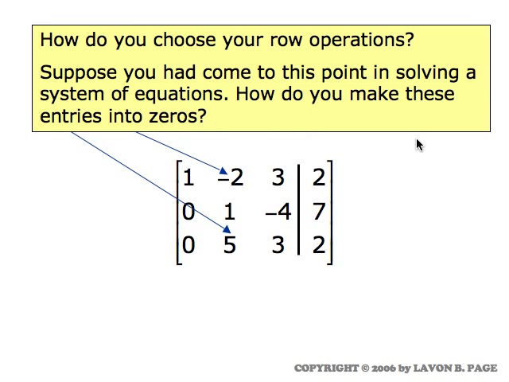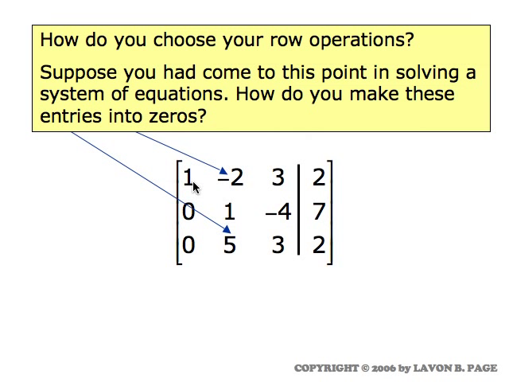What is the strategy for choosing the row operations? You saw me do it in the examples that we've been through. Let's see if we can sort of quantify exactly what I was doing to choose the row operations. Suppose we're doing a problem and we've come to the situation that we're seeing right here. We're partway through the process. We've cleaned up our first column.